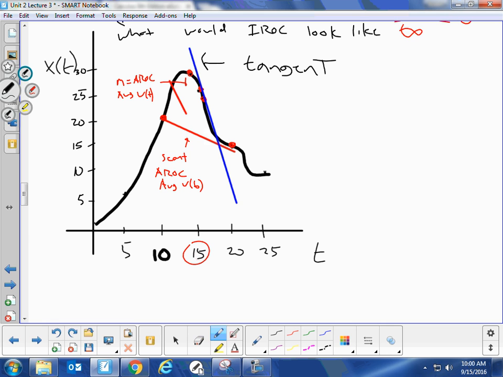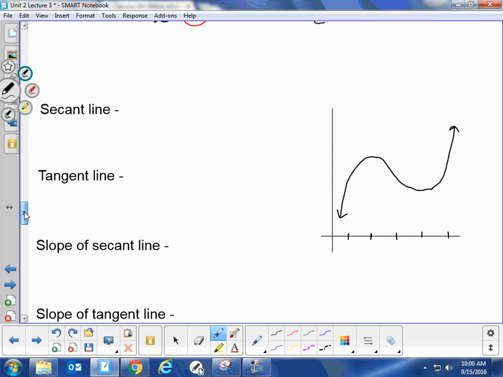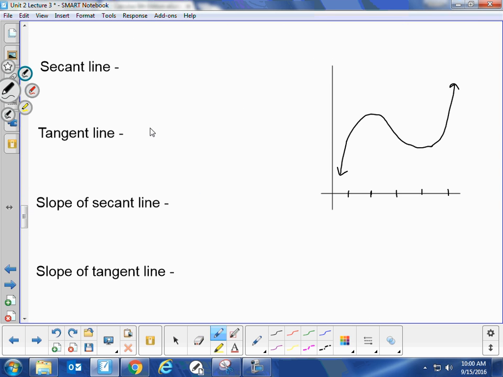We know tangent as being a line that touches a circle just once. Well, we'll talk about tangent lines to functions being a line that's just going to touch a function once. We can define that. A tangent line is a line that touches the function at one location.